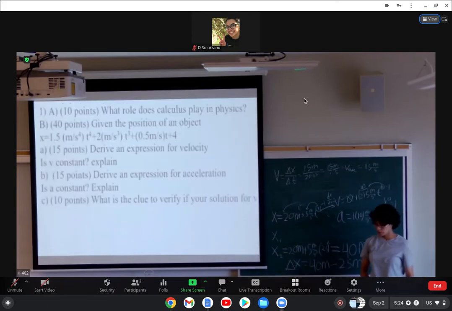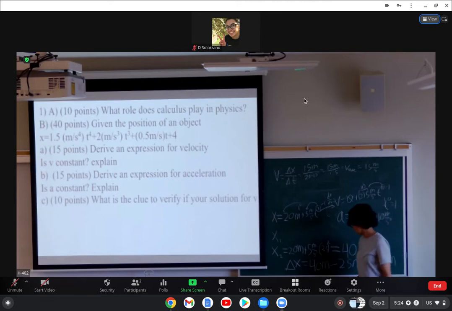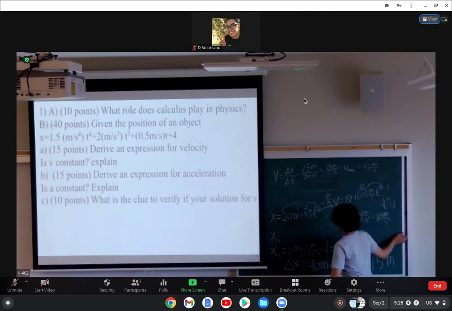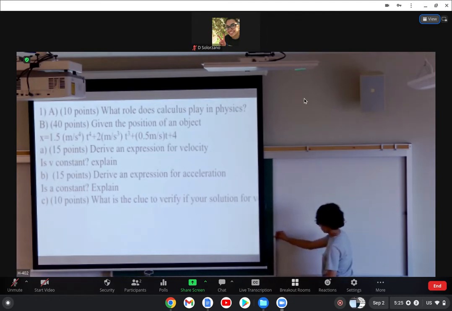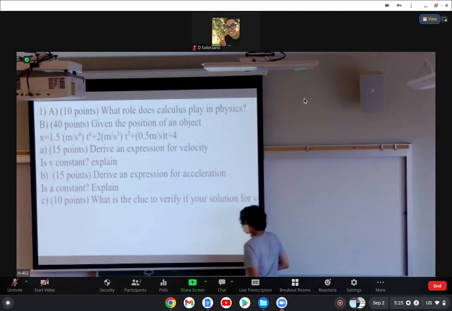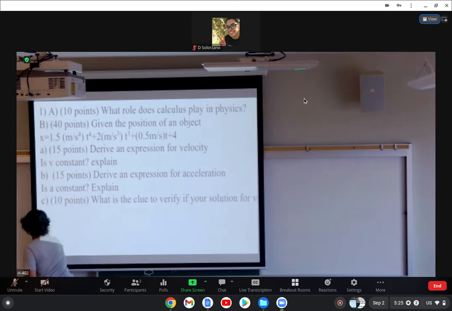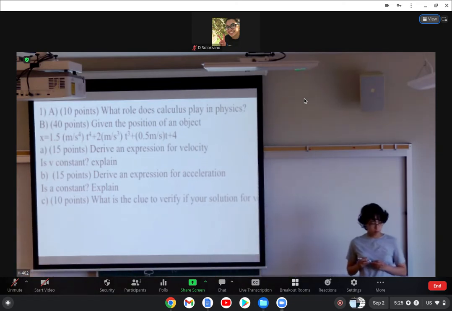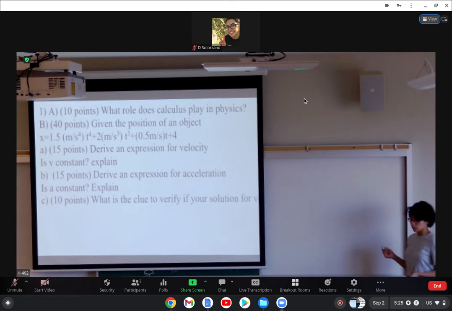This is another one that was on my quiz when I took the class. Let's see if the marker will show up. If it does, yay. If it doesn't, we'll go back to the report. So this one's really just doing the derivatives of this x.